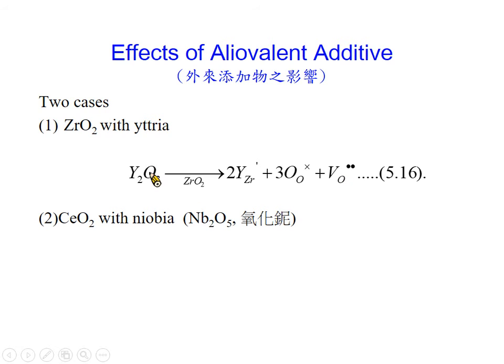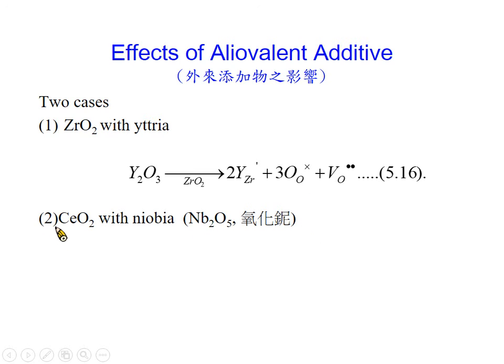So we try to balance, for example, the electric charge. Here is a minus 1, here is a plus 2, so we have 2 times. And also the mass balance: we have 2 yttria here and 3 oxygen here. Here is the vacancy, nothing here. And how about the sites? We have 2 zirconia sites and also 4 oxygen sites. So we keep all three things balanced.